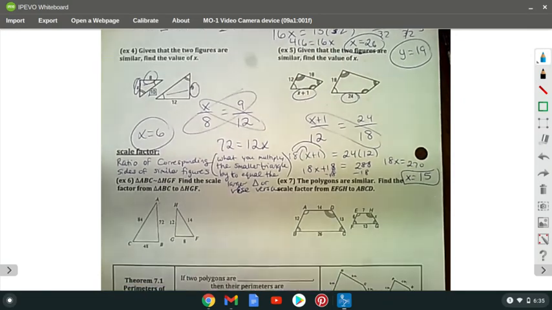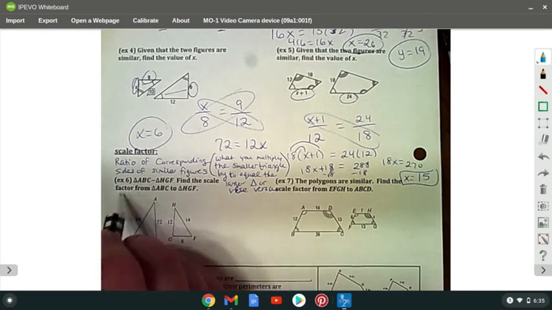So if I'm looking at this picture and they tell me that ABC is similar to HGF, find the scale factor. I'm trying to find two sides that are similar and see what I would multiply one by to get to the other. There are two ways to find scale factor. A lot of times, guys, I am asking you for a scale factor and I'll say from one to the other.